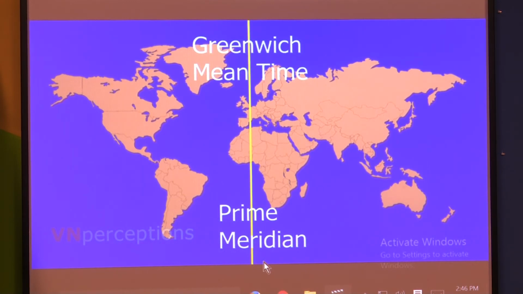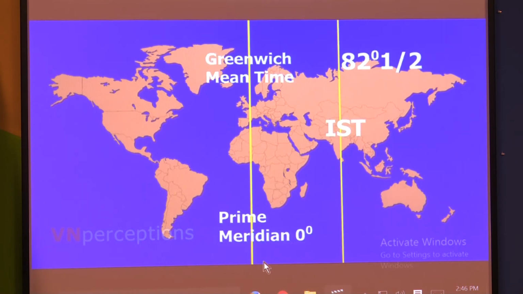Now, from GMT, Indian Standard Time is at 82.5 degrees. That means there will be a time difference of 5.5 hours.